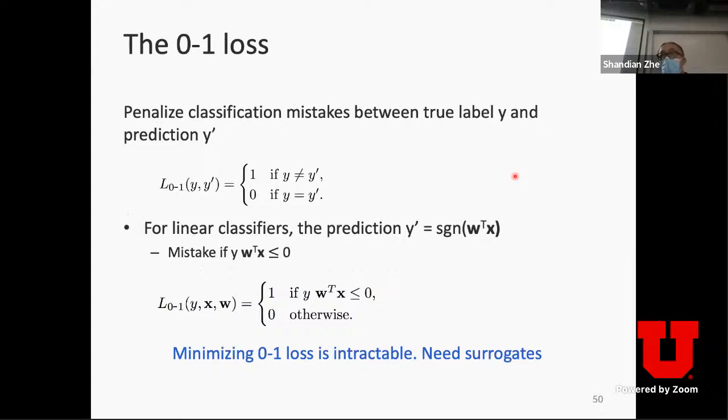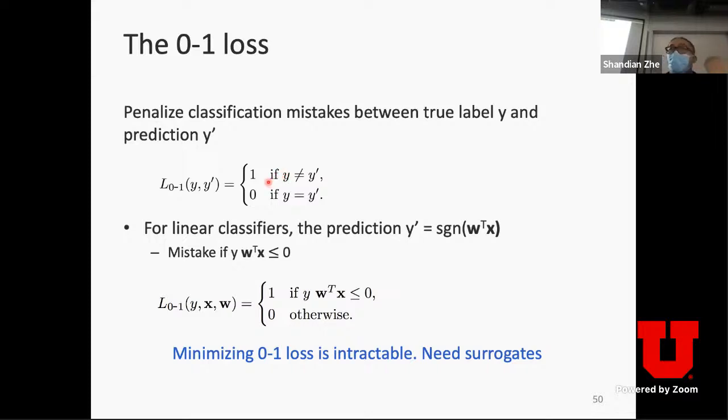But in general, what is the ideal loss? In general, the ideal loss will be: if I make a correct prediction, I don't suffer anything. I don't have any loss. My loss is simply zero. I only need to have some loss when I make a wrong prediction.